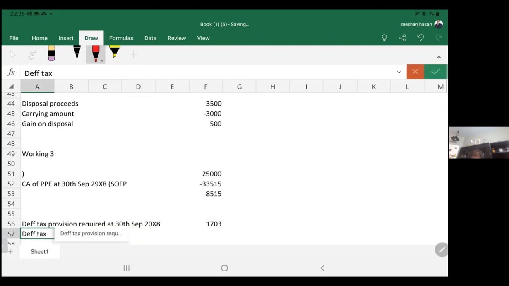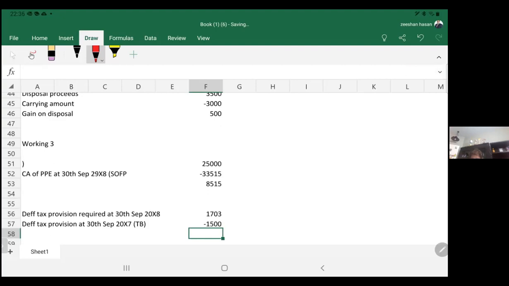Deferred tax provision at 30th September 2007 as per the trial balance 1500. All done.